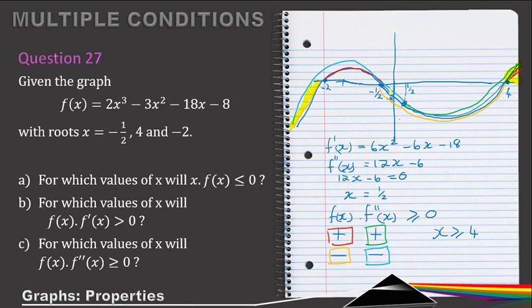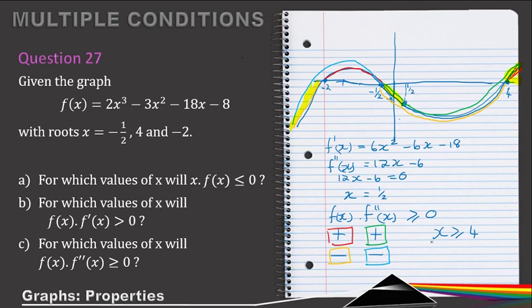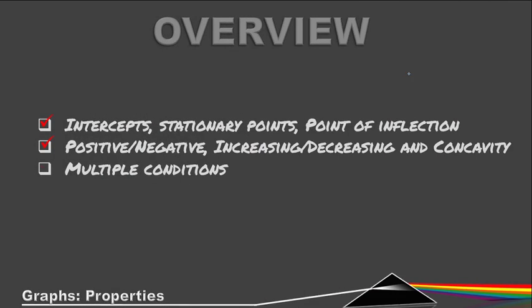And between these two values also, from here to here, the graph is both negative and concave down. Alright, to write that down, we have where x is less than or equal to negative 2, and where negative a half is less than or equal to x is less than or equal to a half. Alright, and that's it. That is then our answers. Okay, and that was multiple conditions, and that means we are done.